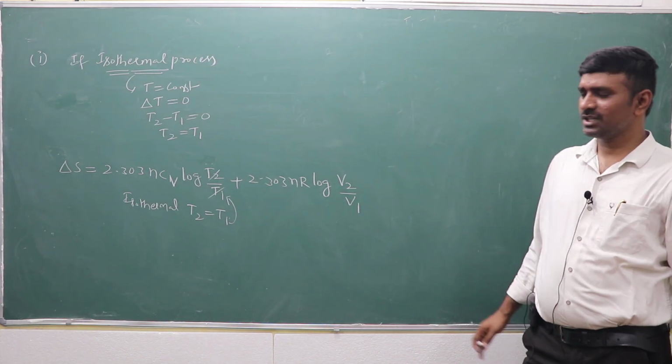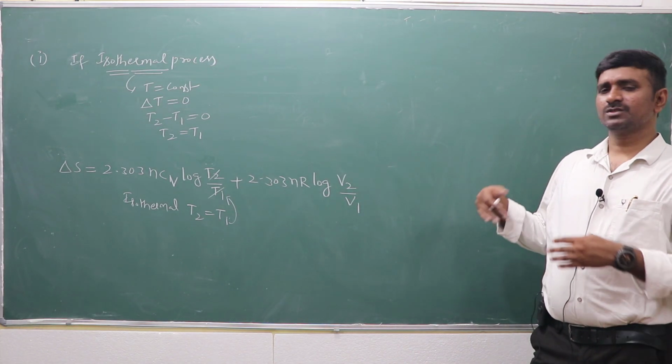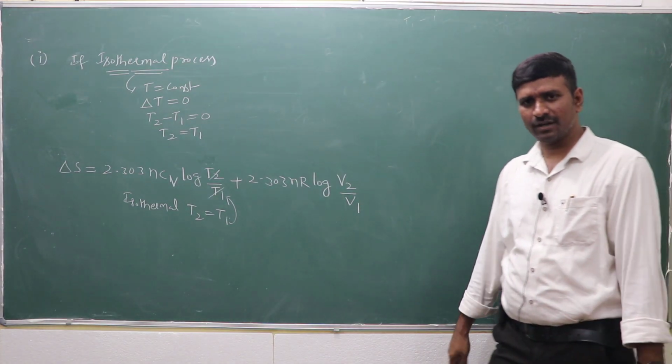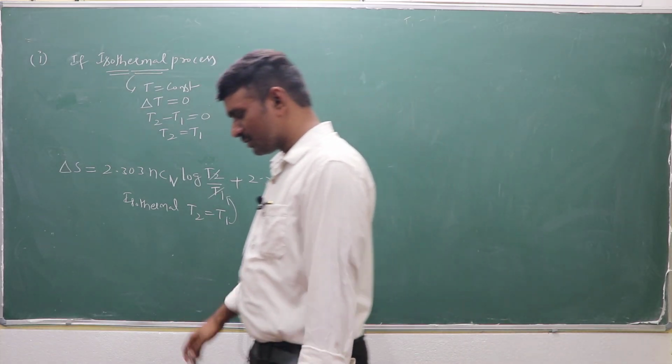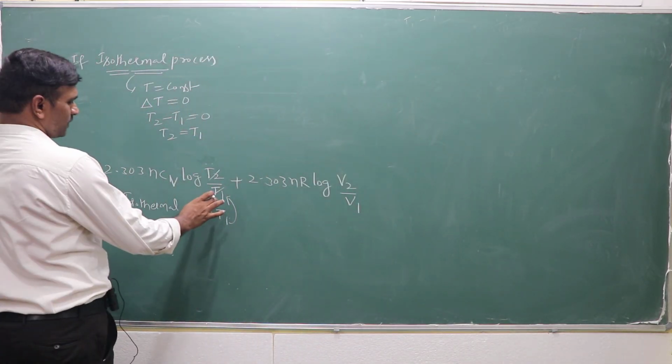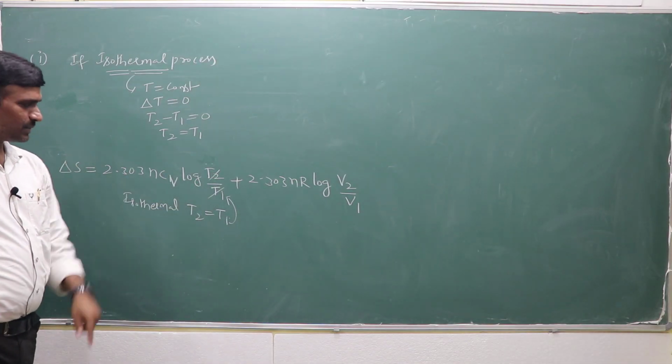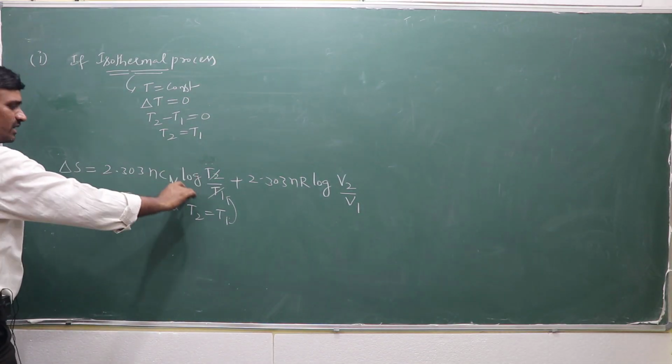If you know those, the total physical chemistry is very easy, even if you are a biological background student. No need to worry. So T2 is equal to T1, log 1 is there, and that value is 0.